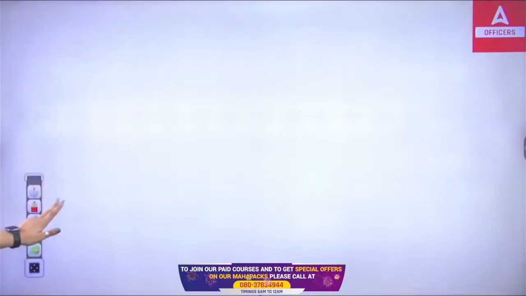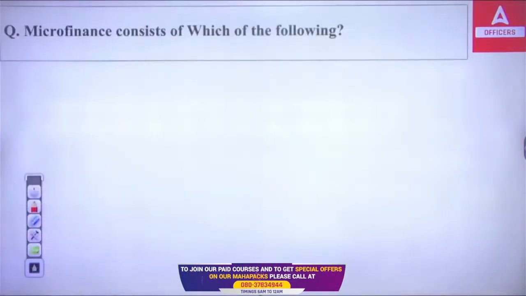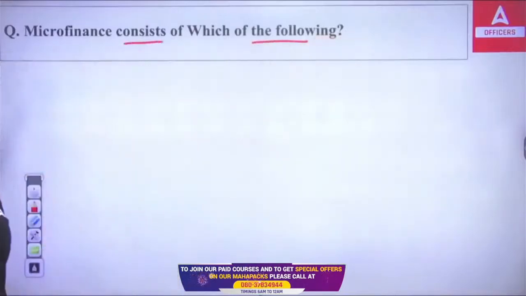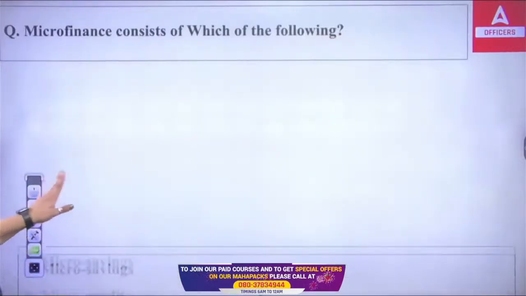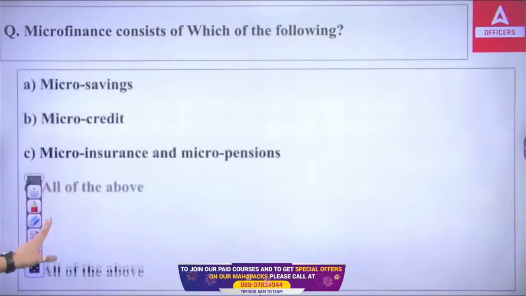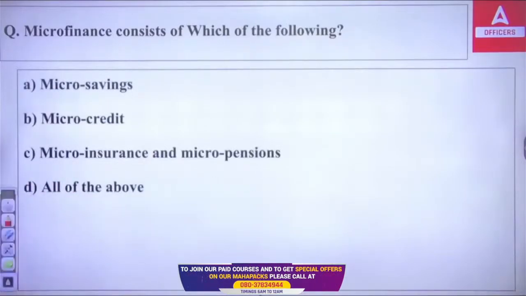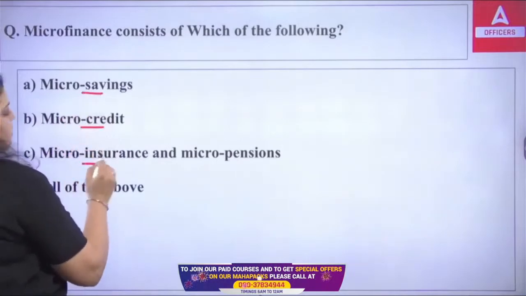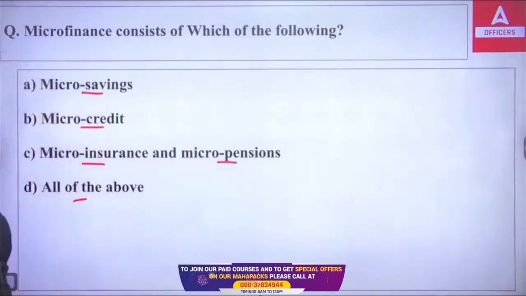December 1969. Now, microfinance consists of which of the following? I have just answered this particular question already. So let me know which of the following products will be part of microfinance. First we have micro savings, micro credit, micro insurance, micro pension, or all of the above.